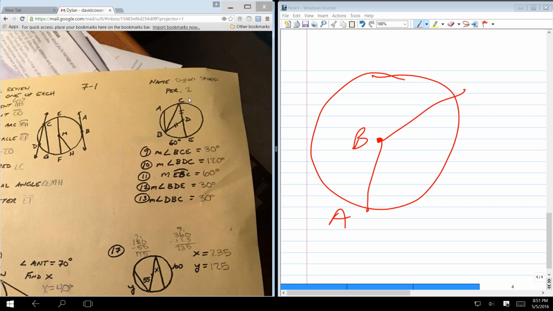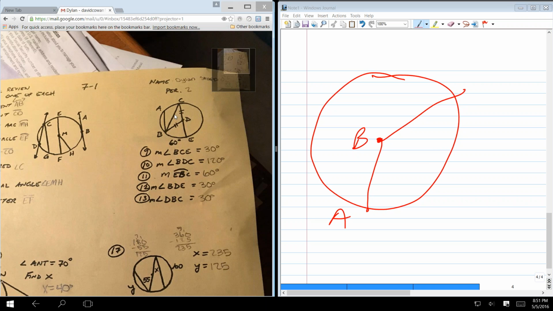And if that's 30, what kind of triangle is where I'm pointing? Is that an isosceles? Correct? Which means the two sides are congruent to each other. Which means their angles are what? 30 degrees each.